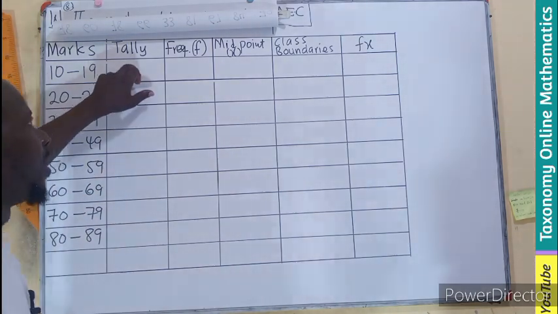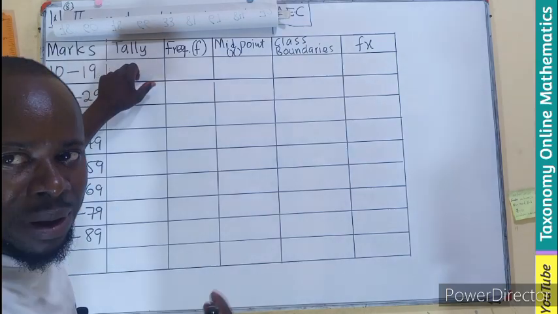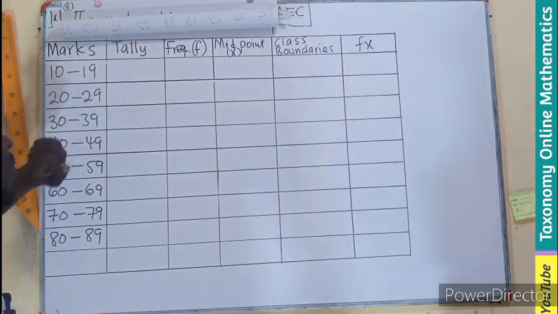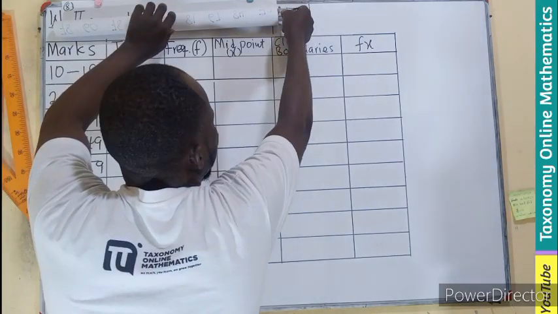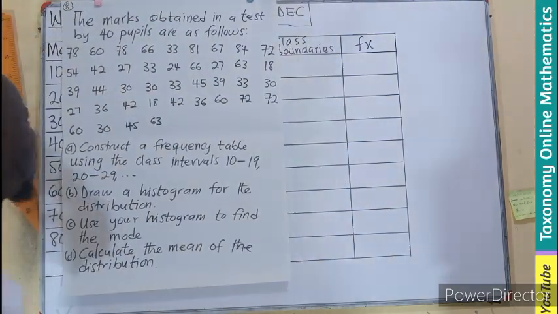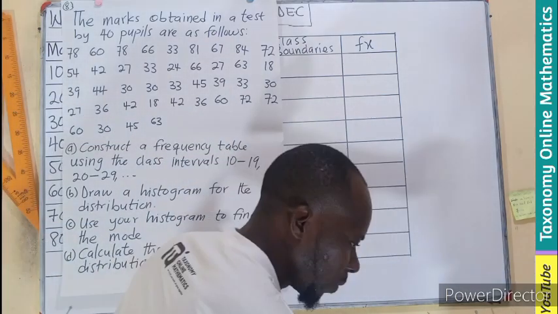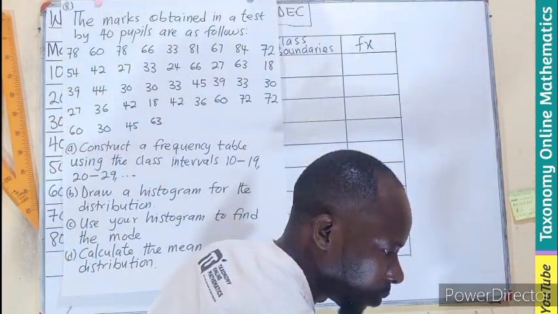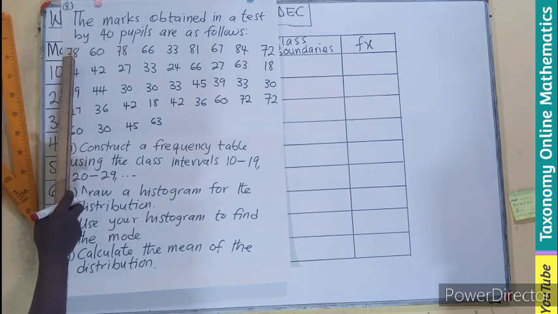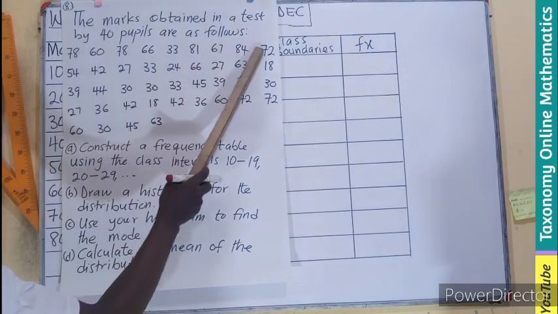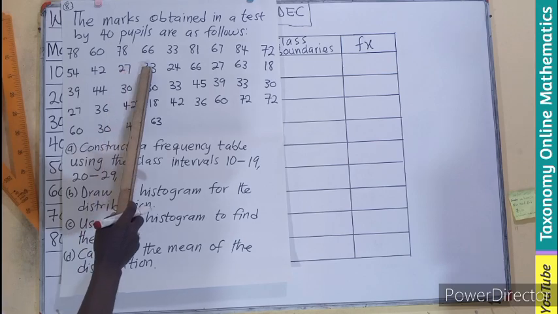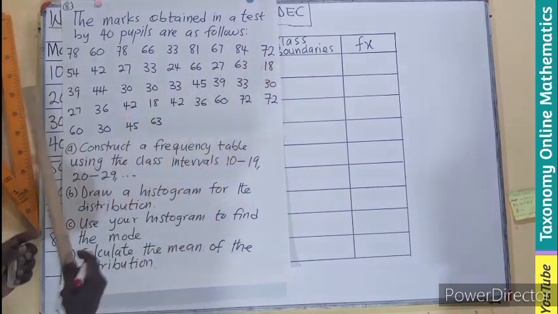Then for the tally, we need to count the number of data or marks that are between 10 and 19. So let's see. This is going to be a challenge, but let's see. If we look through, we are going to have all on this line. We have 1.